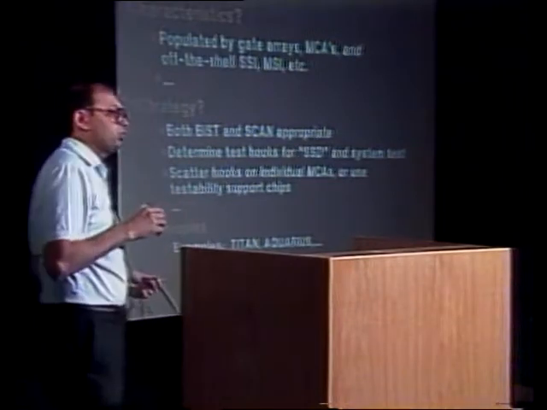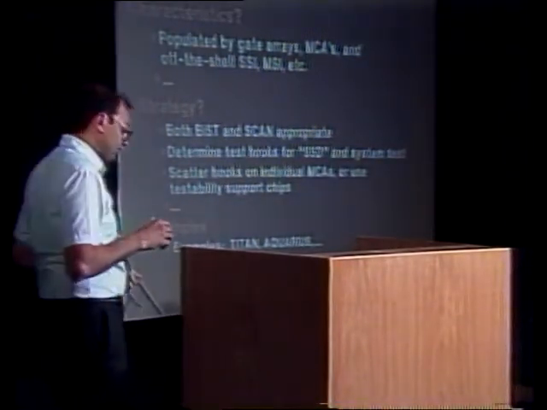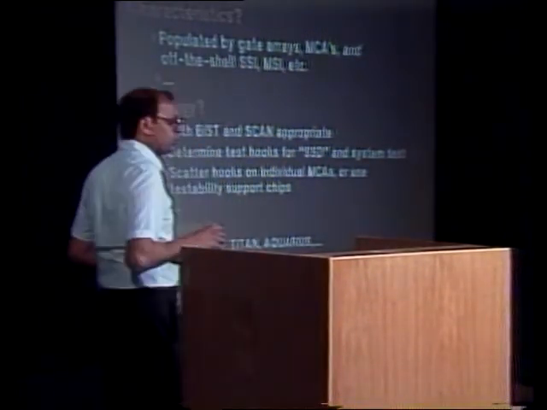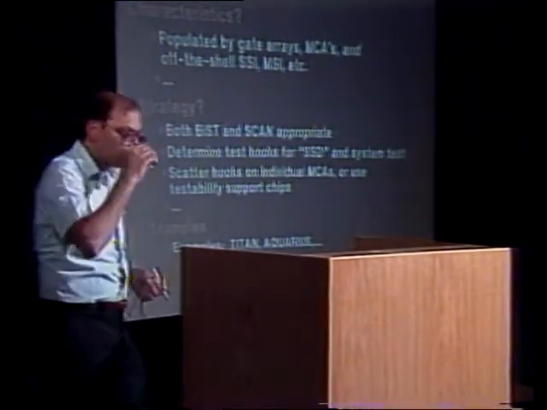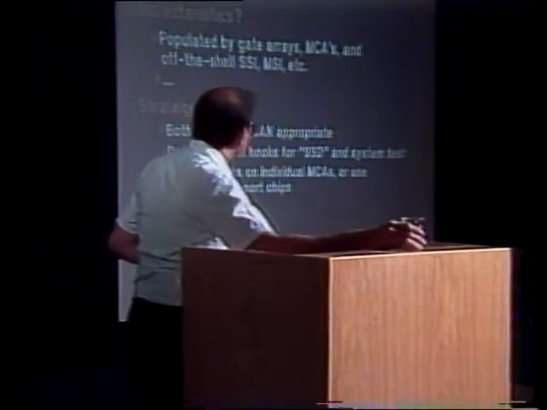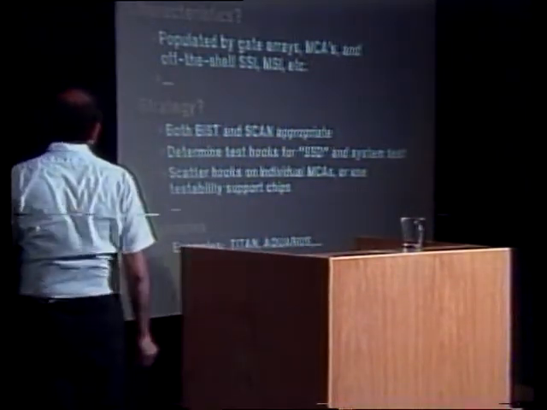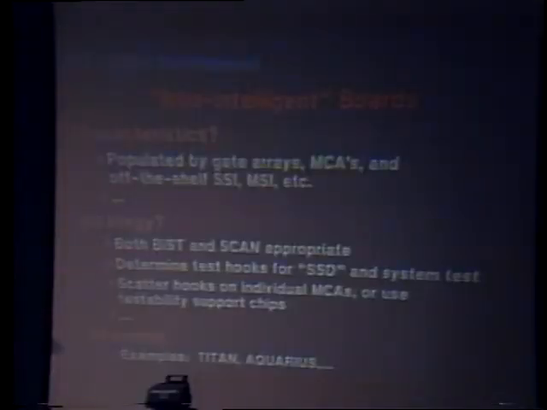So the next thing that comes to my mind is non-intelligent board. At one point I thought maybe I should call it stupid board, but then didn't want to offend anybody, so stuck with non-intelligent board. So here the characteristics are that they are populated by gate arrays, MCAs, and some off-the-shelf components. Strategy here, well, we could try both built-in self-test as well as scan design.